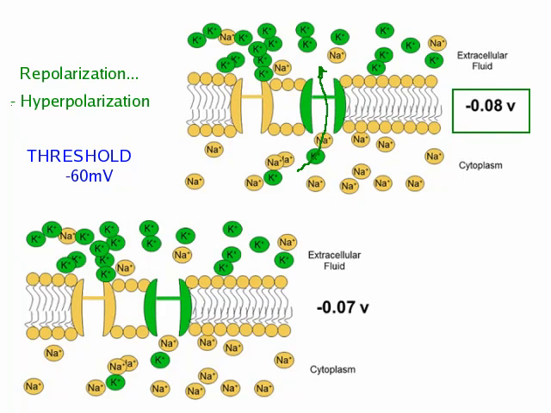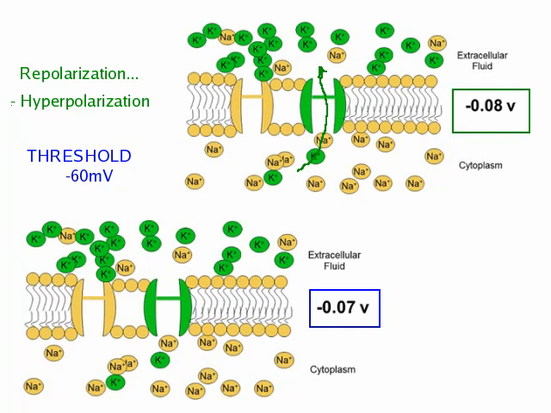So why do we have hyperpolarization? Why do we overshoot resting membrane potential? So we prevent accidentally firing off an action potential by not reaching that negative 70 millivolts.